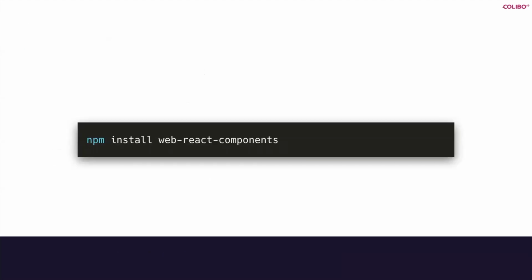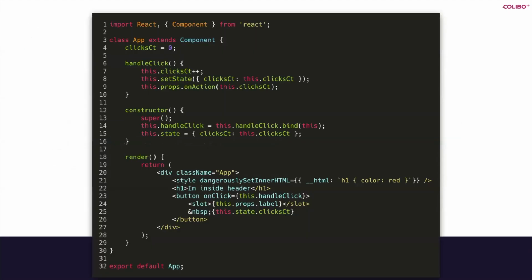The way you use it is you install the dependency, then you build your React component like you normally would. The only thing to note here is what I do in line 21, where you see I set the styles inside of the JSX template, and that's kind of a bad way to do it, but it works, and it gets the job done for now. But that's probably not a very scalable way of doing it.